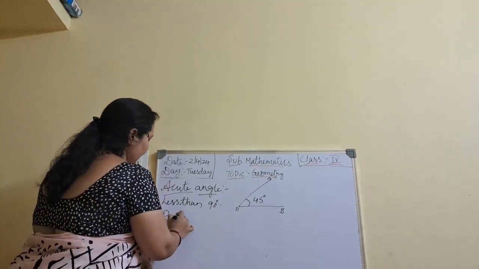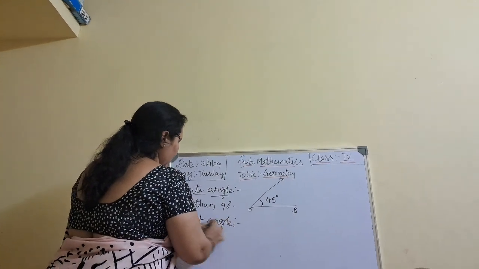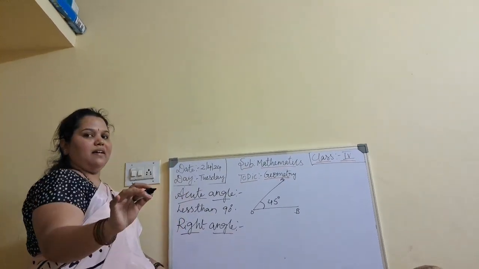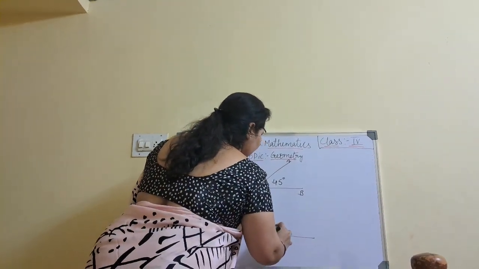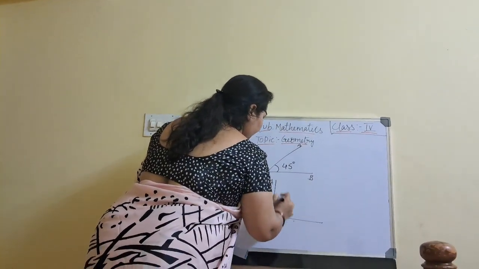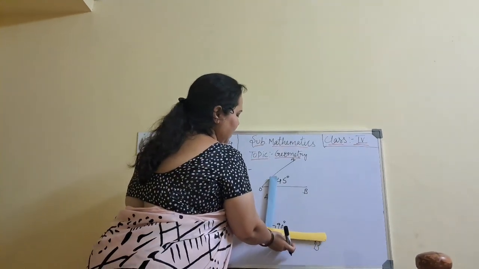Then right angle. A right angle is always 90 degrees. See here, it always looks like an L shape.